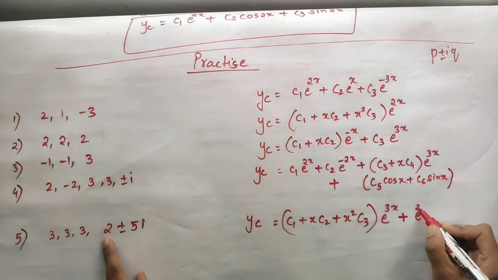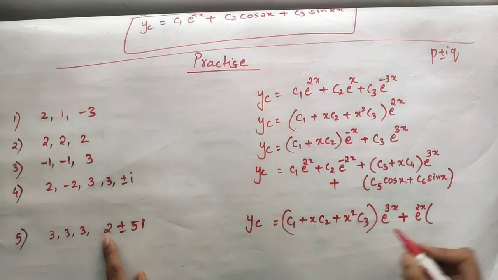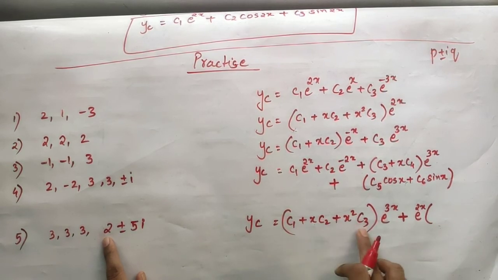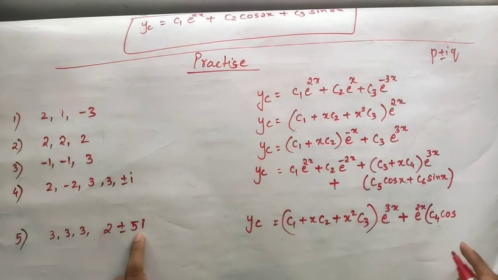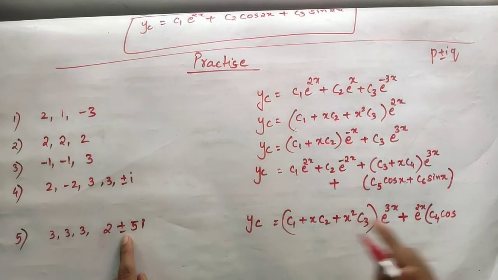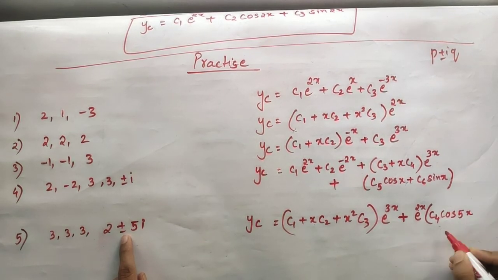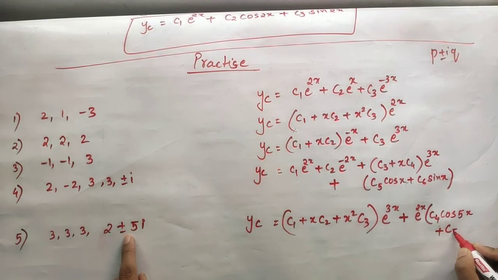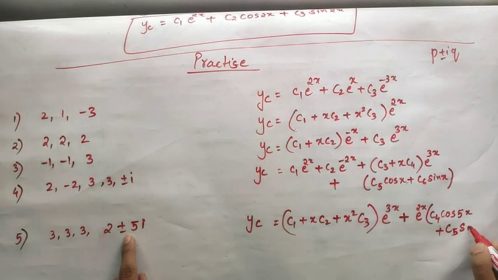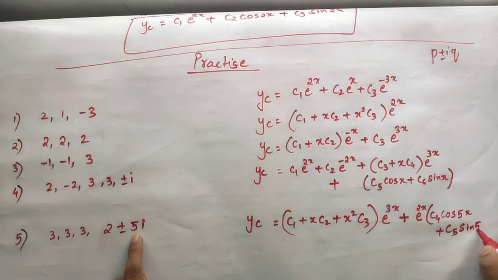So 2 into x. Write another constant. C1, C2, C3 are used. So I'll use C4 now. C4 cos of imaginary part of the root. What is the imaginary part? It is 5. 5x. Plus, next you have to use another constant C5 into sine of the imaginary part of the root again.